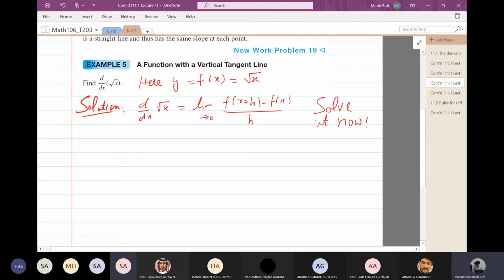Very good. So, let's see how to do it. So, I will try to solve it here. So, again, this is just one step that is different from the previous one because of this radical, the square root. We apply the same idea.